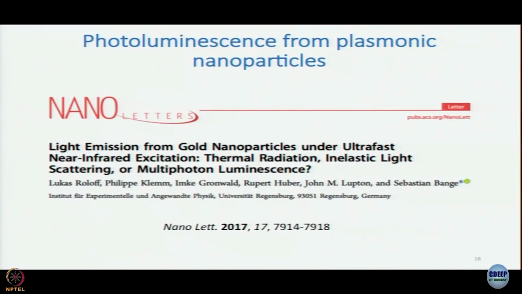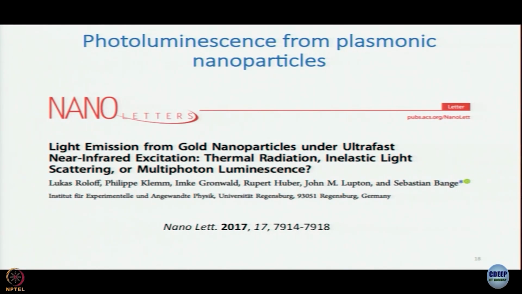Okay. Well, that brings us almost to the end of our discussion of these noble metal nanoparticles. The closing note, as I had said at the very beginning, is this, that there have been many studies on pump probe of noble metal nanoparticles. But of late, over the last 5 years or so, there have been consistent reports of light emission for gold nanoparticles, especially when you use ultrafast lasers to pump them.